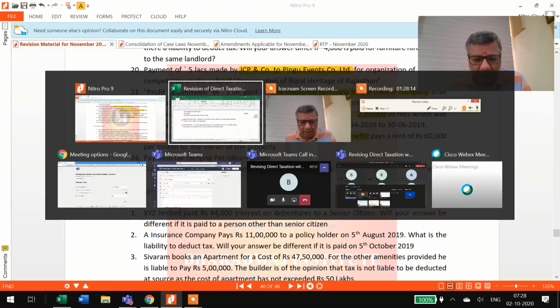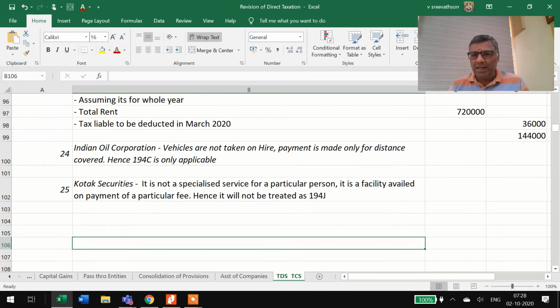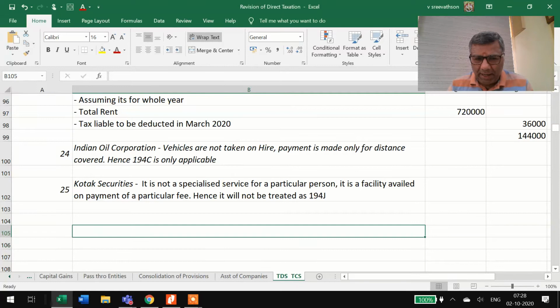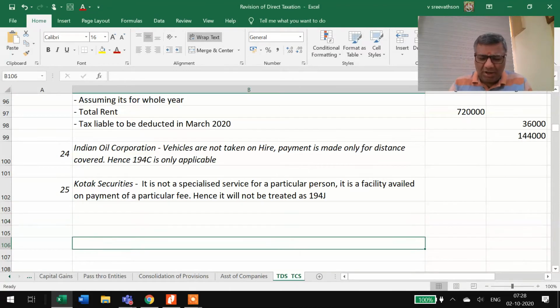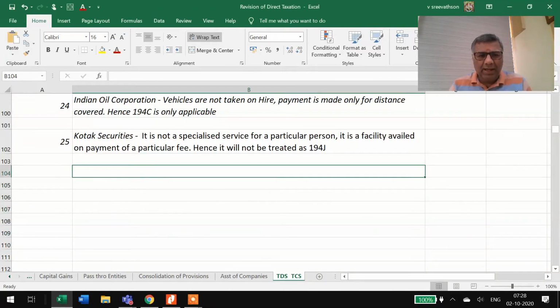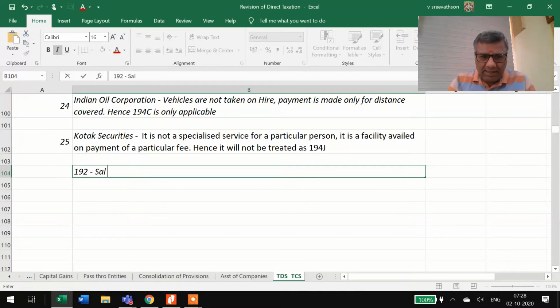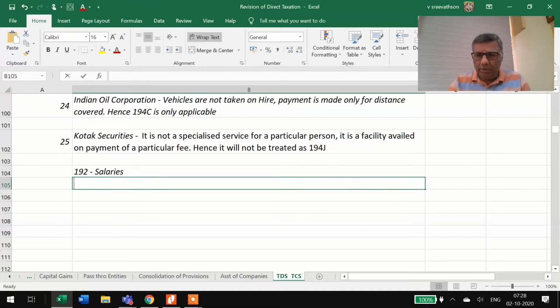Am I clear? Before going for amendment-based questions, let me work out some things extra, because I want you to comprehensively understand. Let us take one example on 192, salaries.